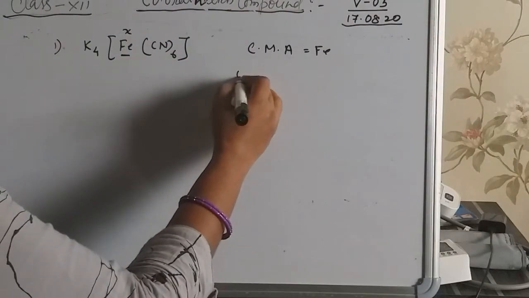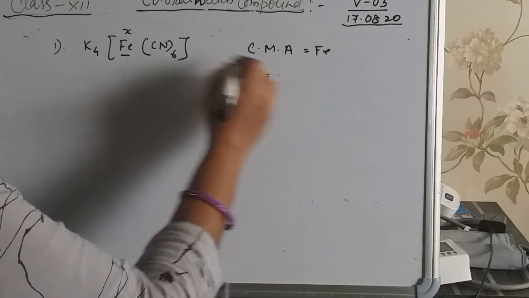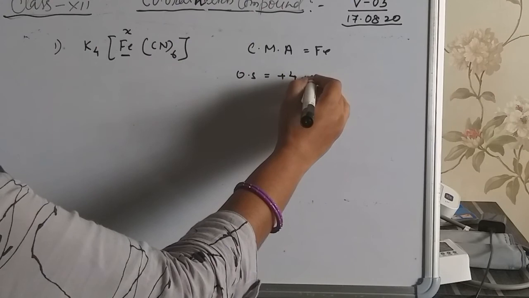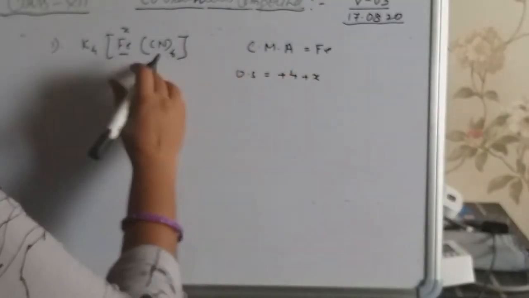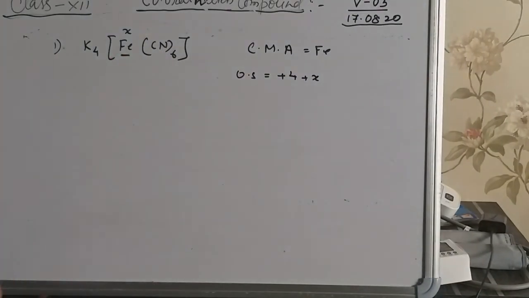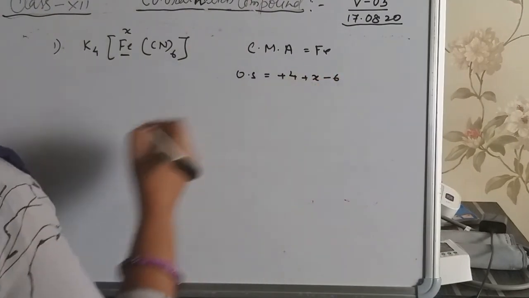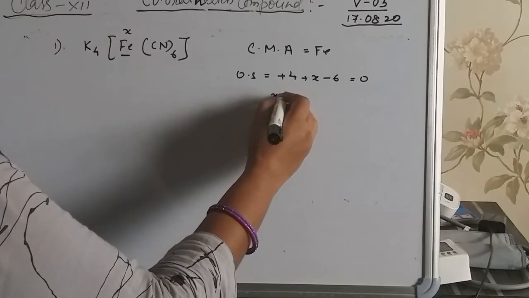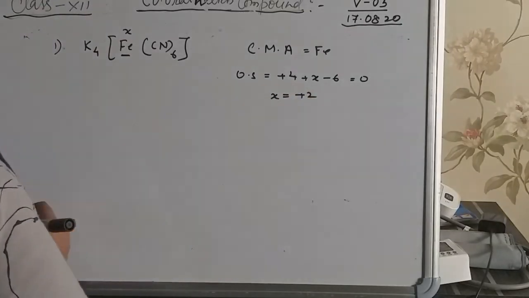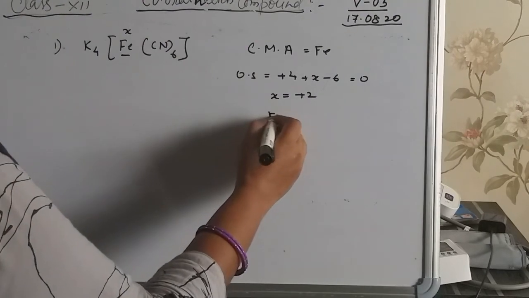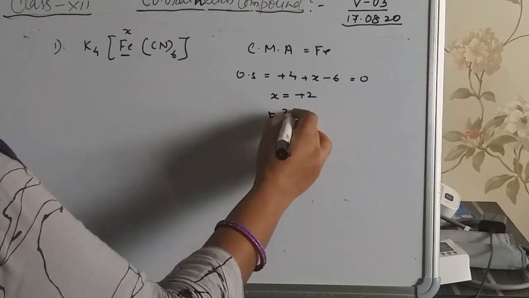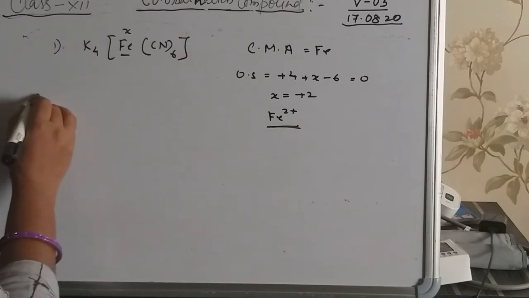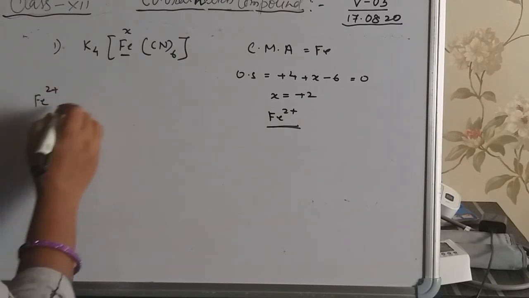So oxidation state +4 for this, plus x, and cyanide is -6, equal to 0. So simply we can find out the oxidation state of the central metal atom is +2.